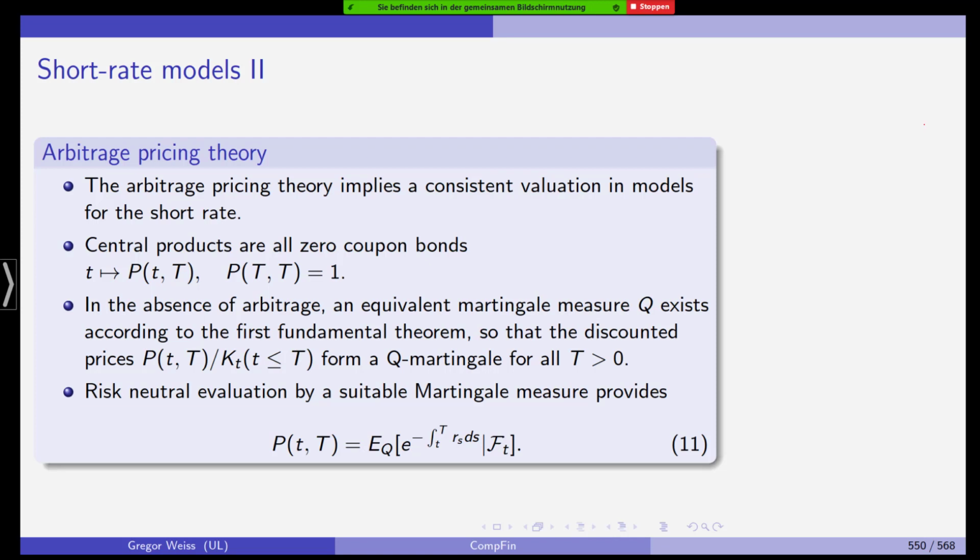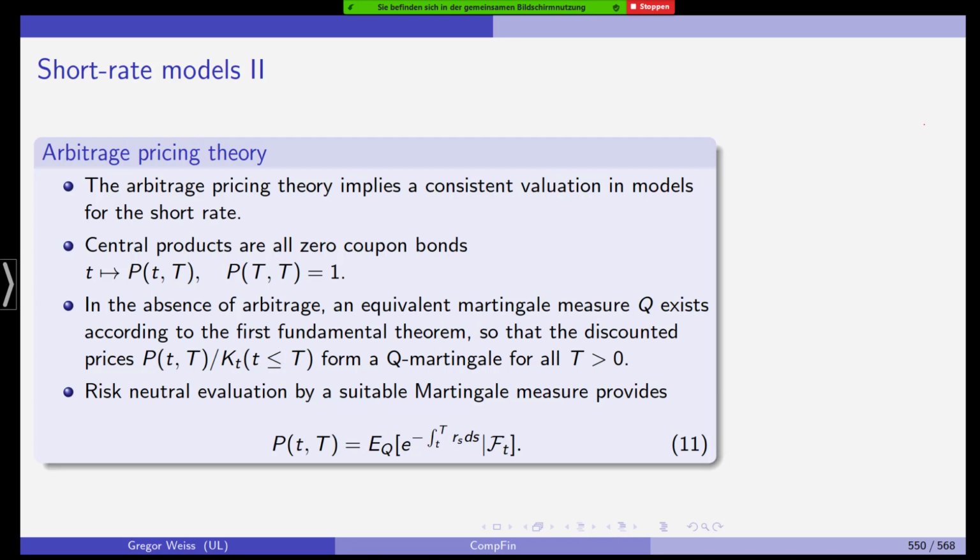And in the absence of arbitrage, if this is an arbitrage-free market, we know that there exists an equivalent martingale measure Q. If you don't remember, this is a result of the first fundamental theorem of asset pricing. There exists an equivalent martingale measure Q so that the discounted prices, P divided by the money market fund, which is supposed to be risk-free, the numeraire, form a Q martingale.